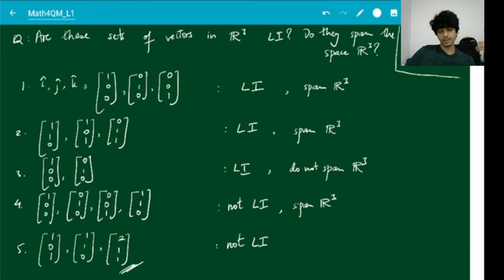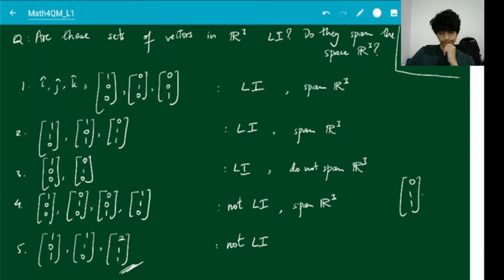No, it doesn't, because not all vectors you can express in terms of these. For instance, and work it out for yourself, if you take the vector (0, 1, 1), you cannot express it in terms of the given 3 vectors.